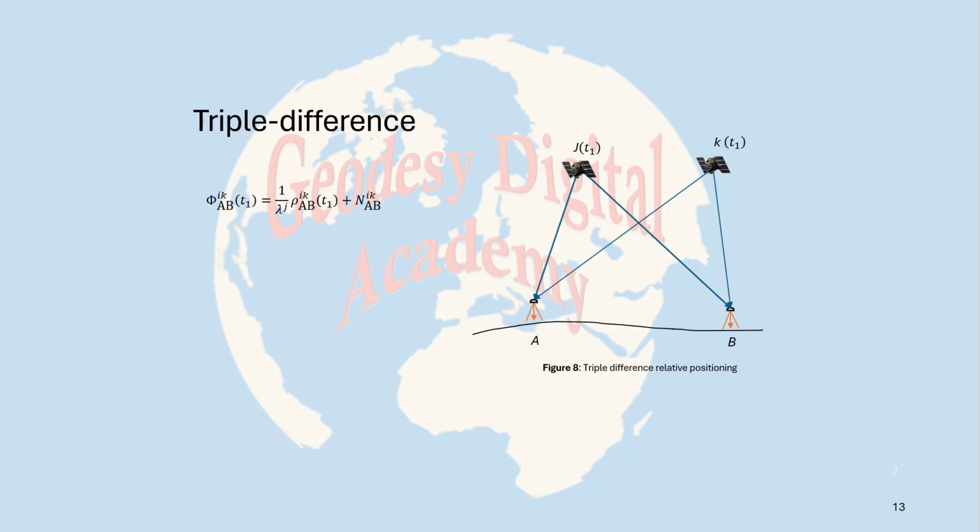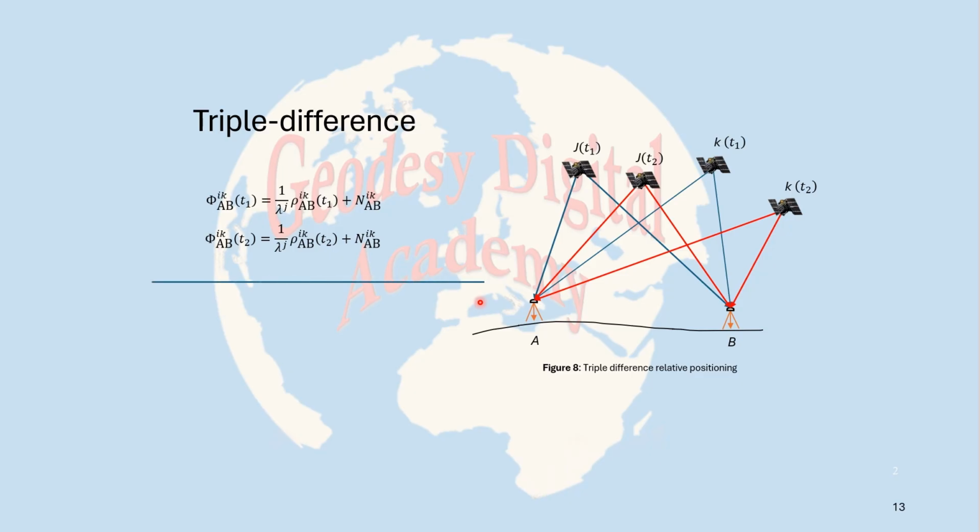And triple difference: between two satellites and two receivers, I can write one double difference for the first epoch, and in another epoch, I can write another double difference. As you observe, the ambiguity parameters in both equations are constant, the same.